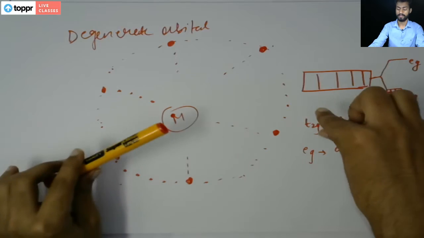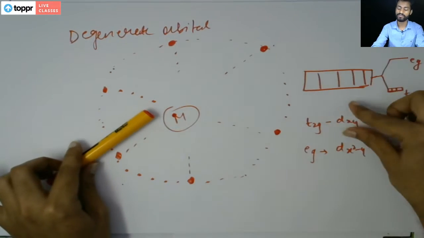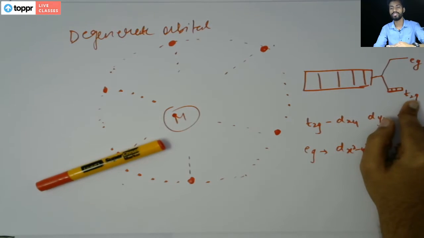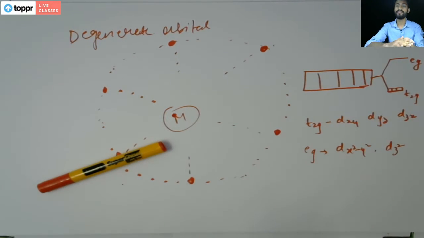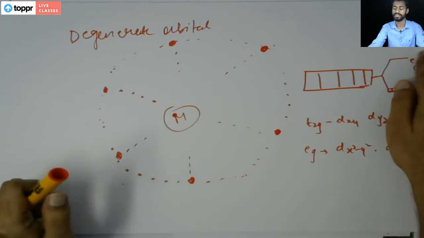If the ligands approach from the planes, then the planar orbitals will split into higher energy and the axial orbitals will split into lower energy.